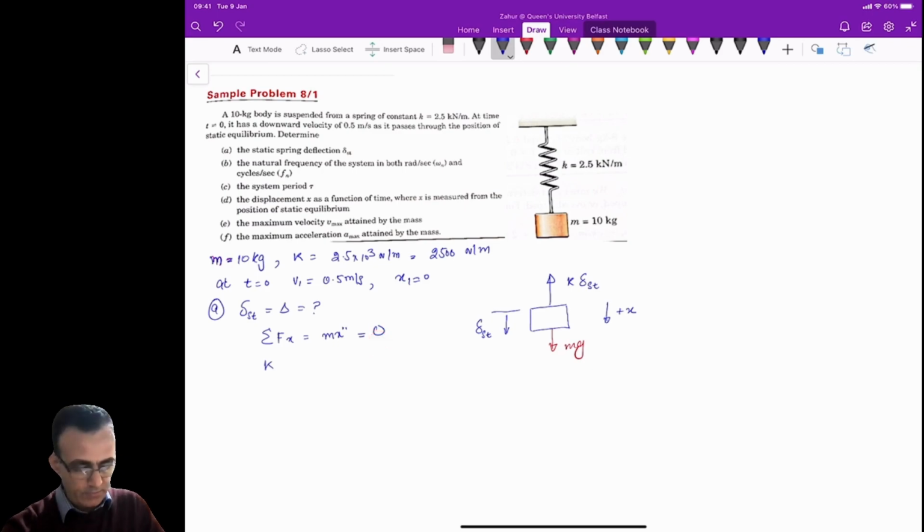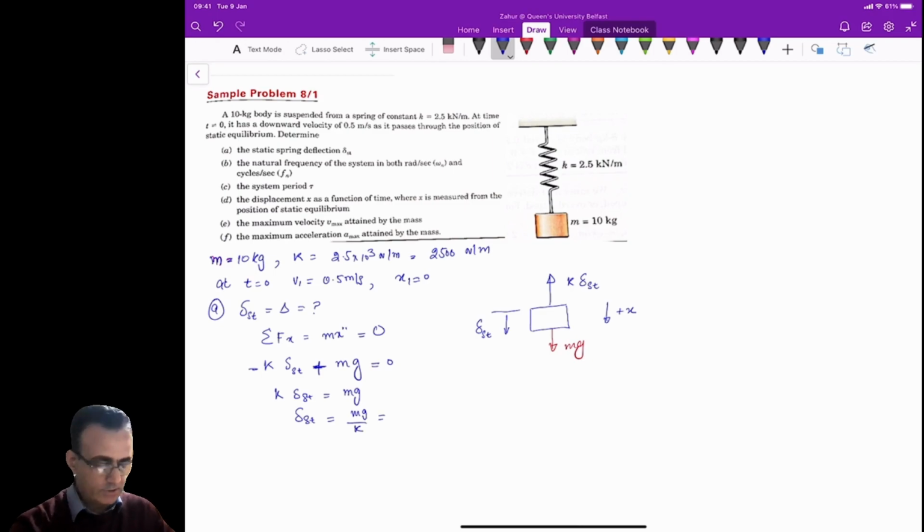Then k delta st equals mg. Taking mg as positive, this is negative, so the sum equals 0, or k delta st is equal to mg. So you can calculate the static deflection, which is mg divided by k.